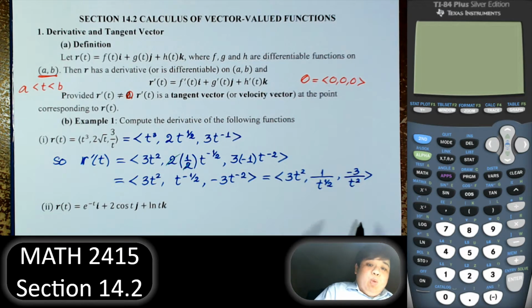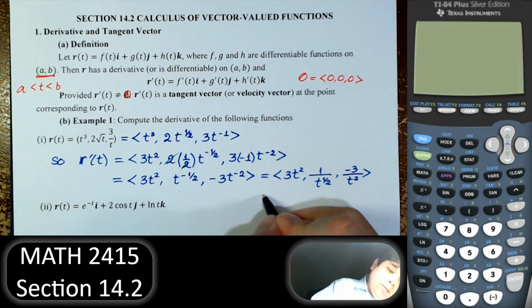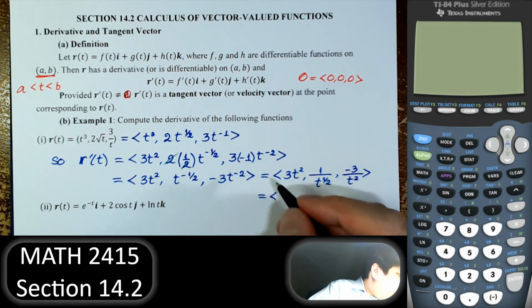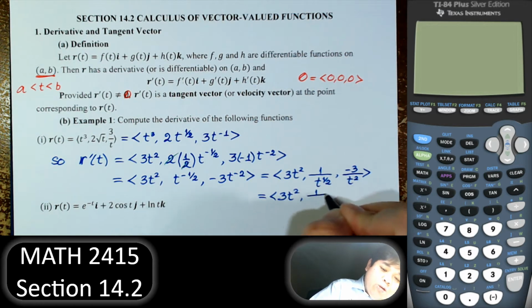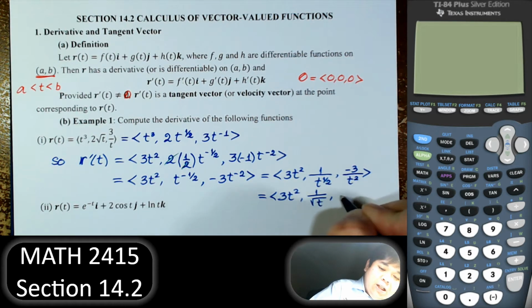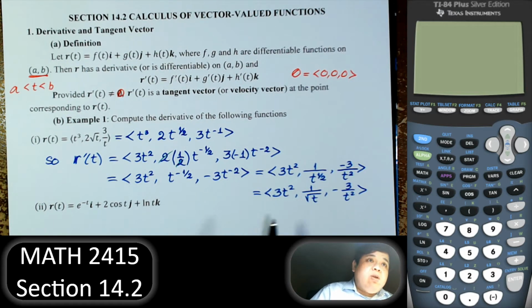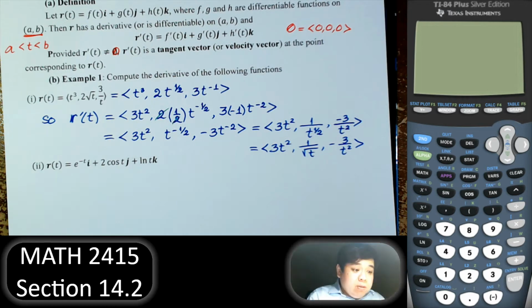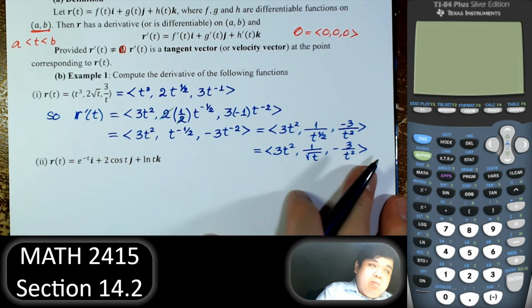If we want to, we can write this as the square root. So we have 3t squared, 1 over square root of t, and -3 over t squared. We can leave the answer in this form or this form. Everything's fine. So that is the derivative using the power rule.